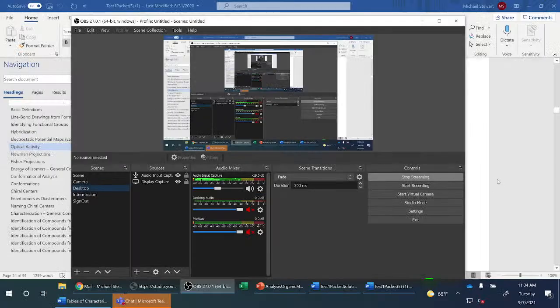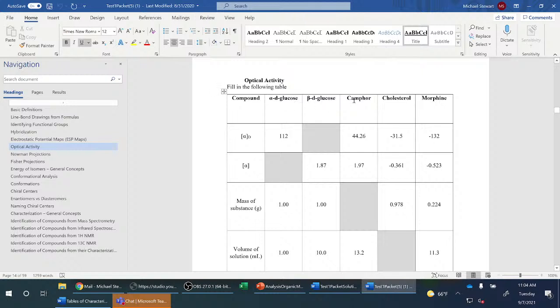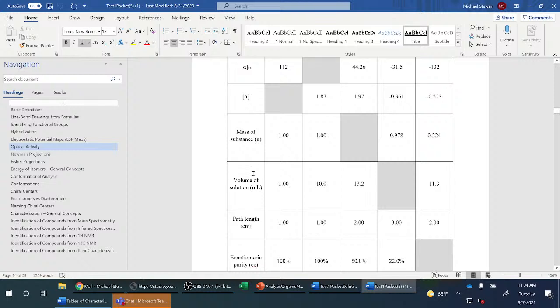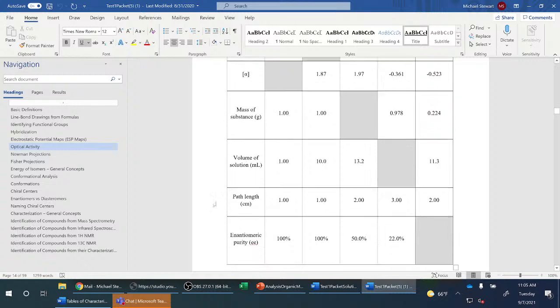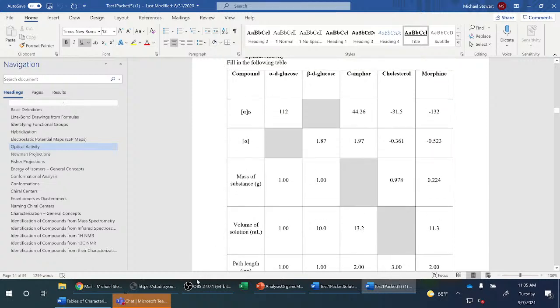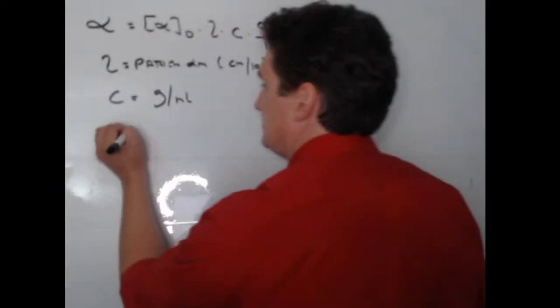Let's take a look at it here. It's this formula just with terms missing. So we have alpha equals the alpha D times mass of the substance divided by the volume. That'll give you the concentration, the path length in centimeters, and the EE. So all you're basically doing here is just rearranging this formula. For the first one, you're given the alpha D is 112.